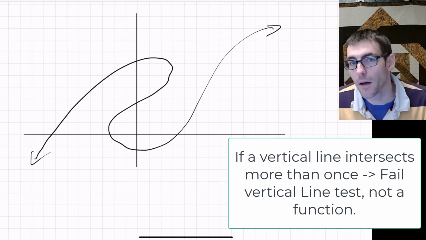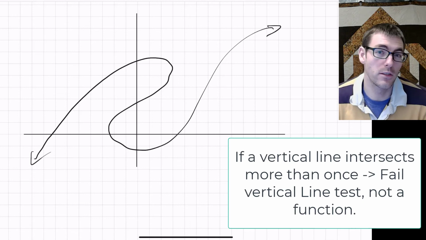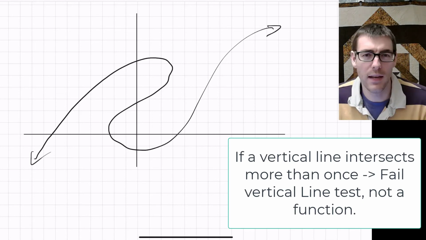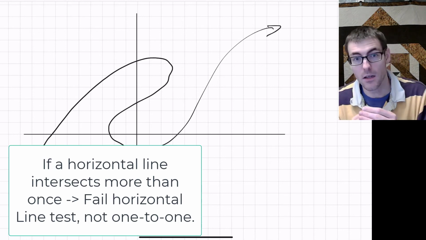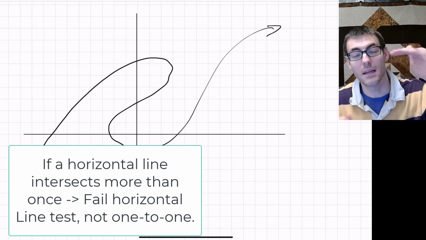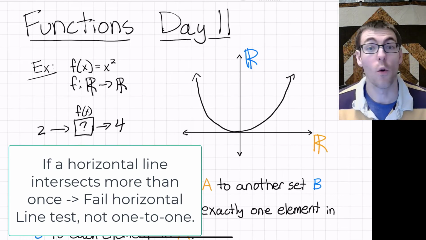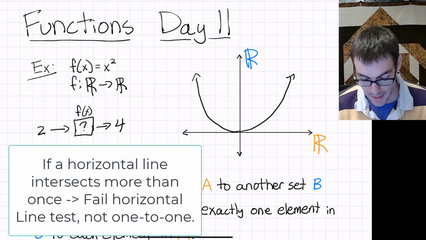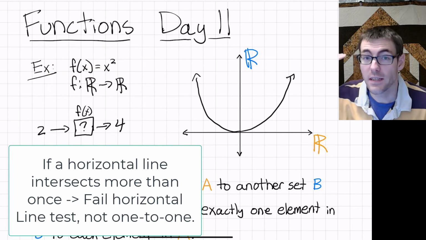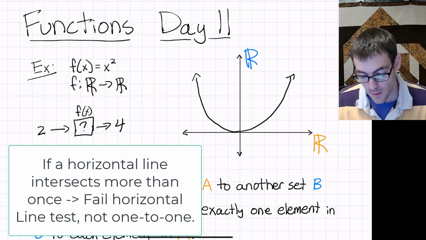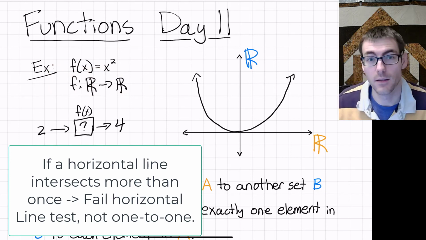But the reason I'm bringing it up now is because when talking about functions being one-to-one, there's also an idea of a horizontal line test to tell if the codomain has any points that are hit more than once. Going back to our first example, f of x equals x squared, defined from the reals to the reals, this function is not one-to-one because it fails the horizontal line test.